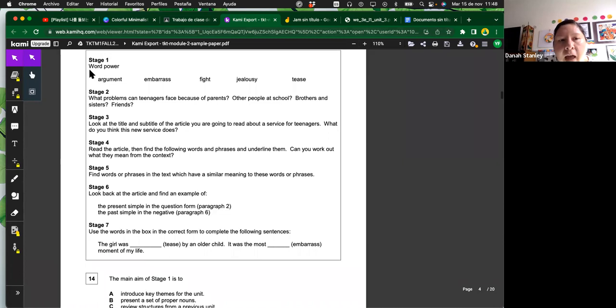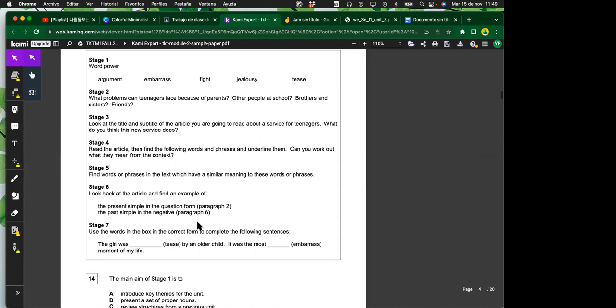Entonces, first I have something called word power: argument, embarrass, fight, jealousy, and tease. What is the main topic of the whole lesson? The topic? Teenagers and conflicts related to them.